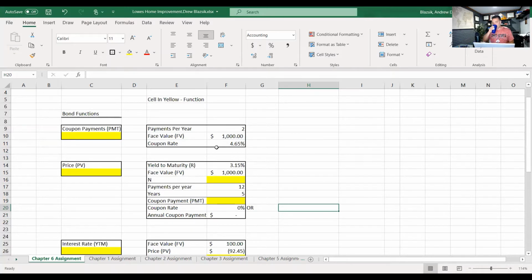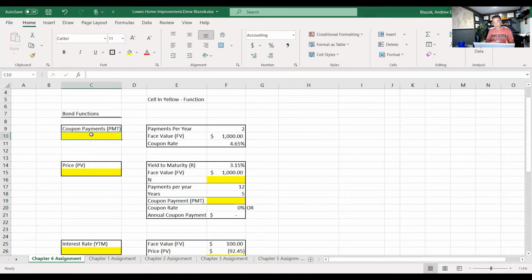And then the coupon rate is the annual percentage of the face value you're going to get as coupon payments. So the coupon rate you have to have. This is annual. Coupon payments would depend on how many payments per year. So whatever the annual total amount is, you would divide it by the payments per year.